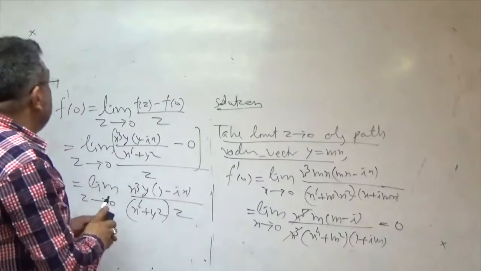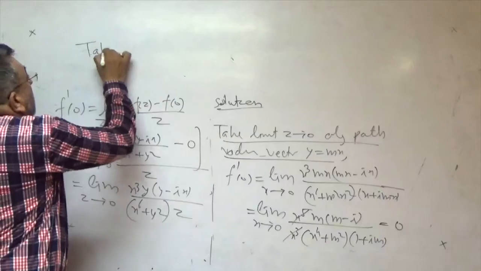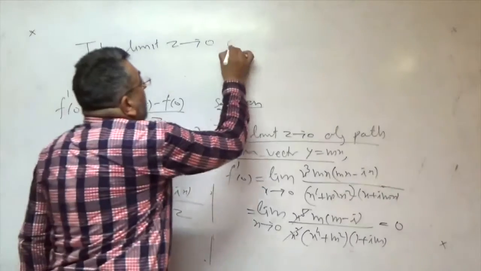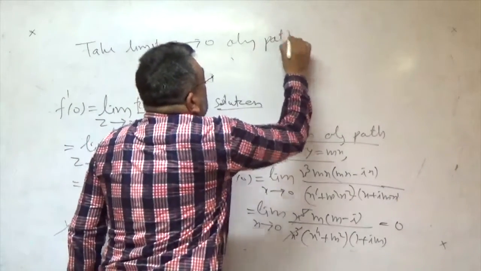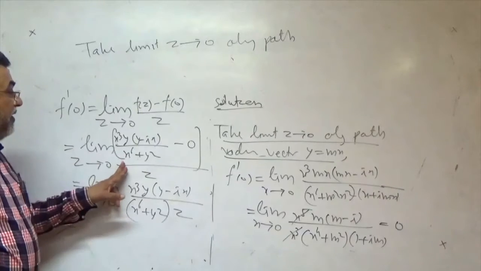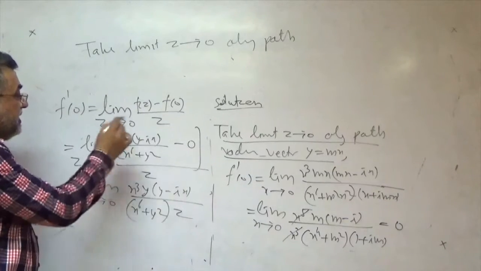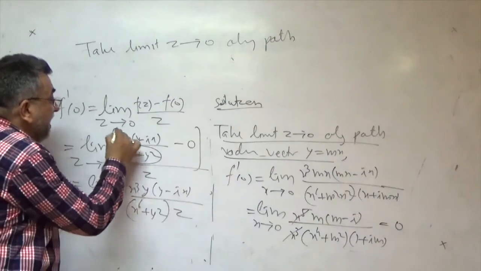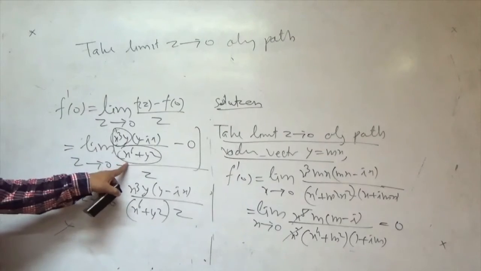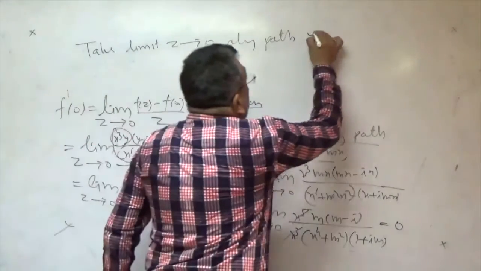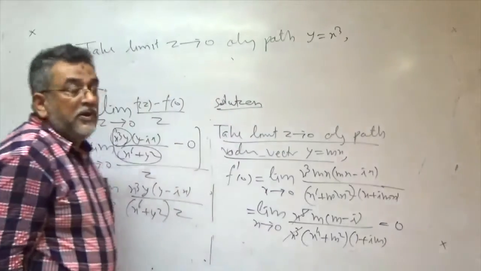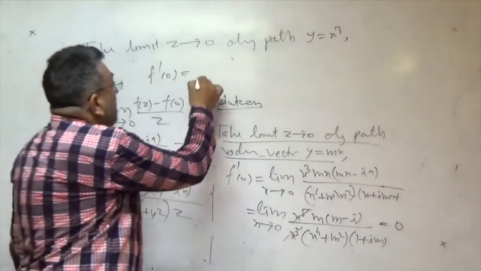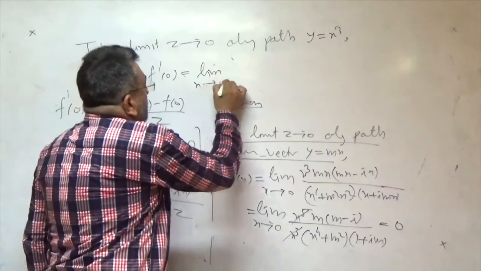Now again we take this limit along another path. This path is chosen from the given function. The given function is f(z) equal to x cube y minus ix upon x to the power 6 plus y square. Looking at the numerator and denominator, here x cube y, and here x to the power 6 plus y square, we can take the path y equal to x cube. Then what is the value of the limit? This is the limit as x tends to 0.